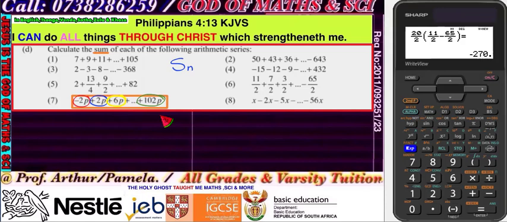102p is the last term. So I wanted it so that it is clear for you which things are terms.